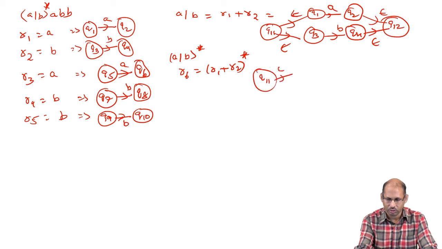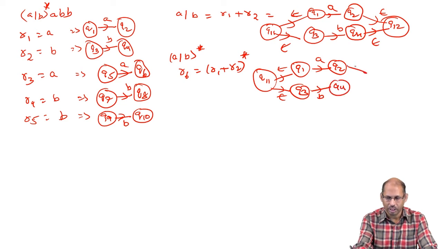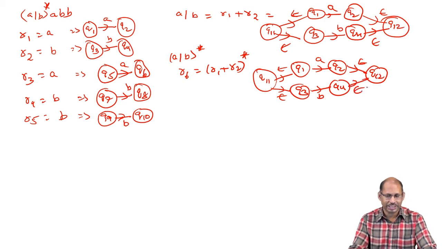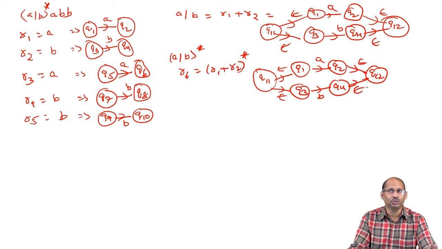Q11 on epsilon goes to Q1, on A goes to Q2, on epsilon goes to Q3, on B goes to Q4, on epsilon goes to Q12. So this is A plus B. Now this union we have to convert into the closure.